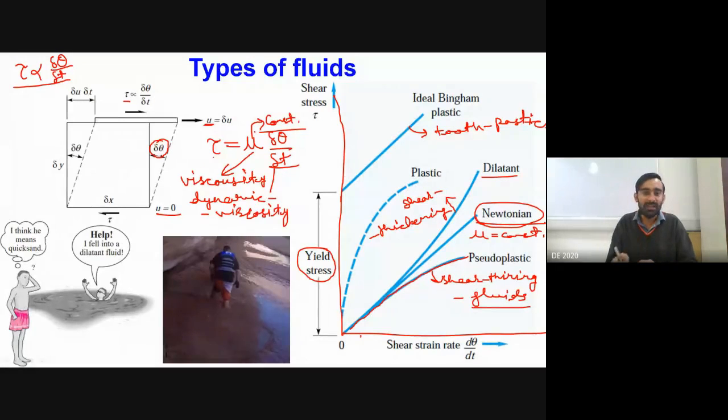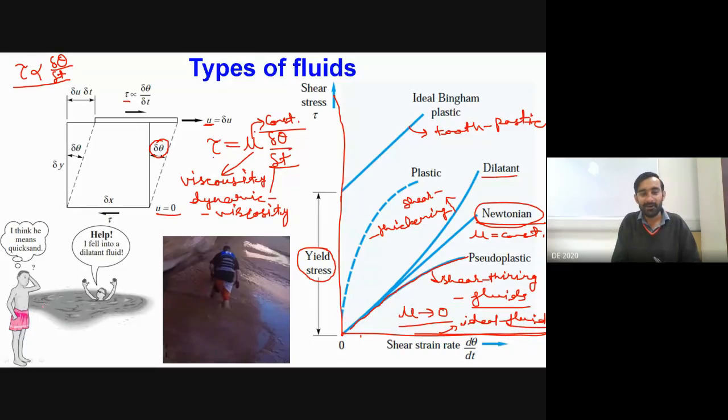Now if we have any fluid for which the value of mu, the viscosity, is equal to 0, what will happen? Even at zero shear stress we will find large deformation of that fluid. Any fluid with zero viscosity is known as an ideal fluid, and the corresponding flow condition is known as ideal flow.